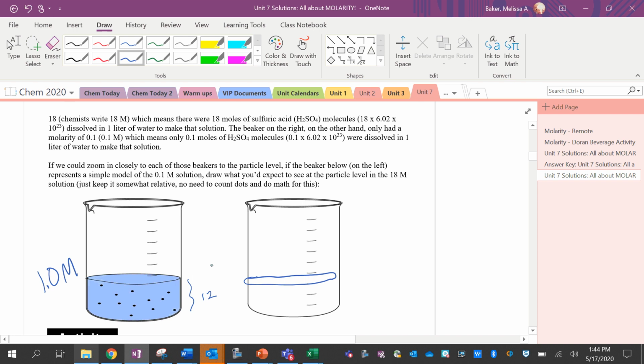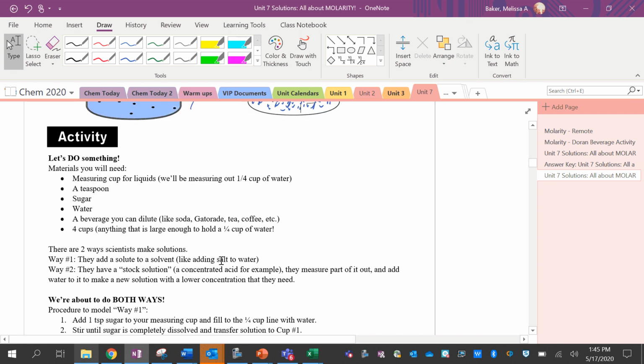Okay, and then let's say we wanted to make this accurate, which I don't recommend, but if it's 18 times more concentrated, 0.1 to 18, 180 times more concentrated, 180 times 12, I would need to draw 2,160 dots here to show that it's 180 times more concentrated. No, I'm not going to be doing that, but you kind of get the point. It's got a much higher molarity.